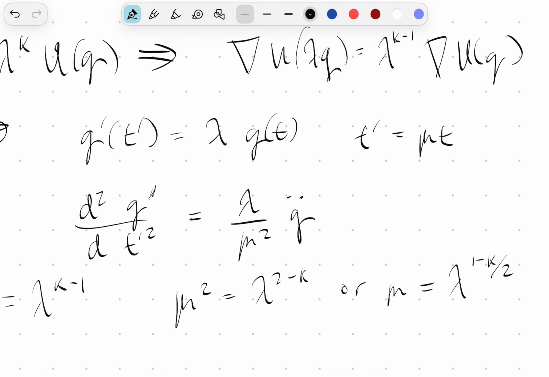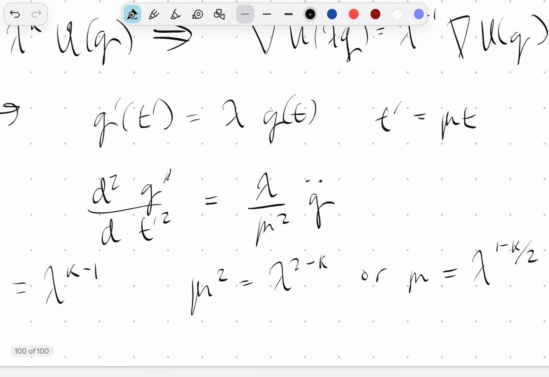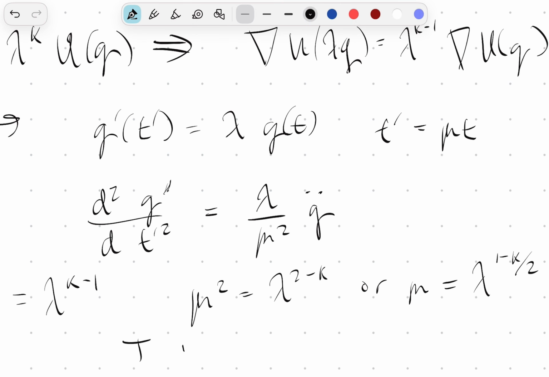Now, this characteristic time scale will be proportional to a to the 1 minus k over 2.